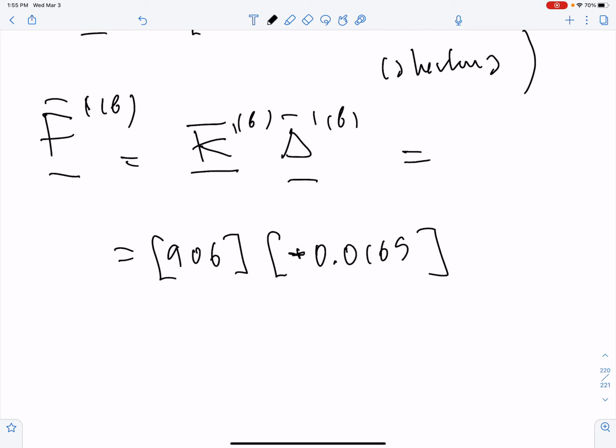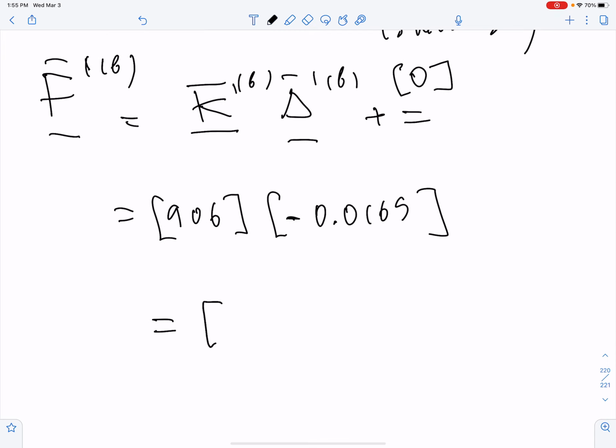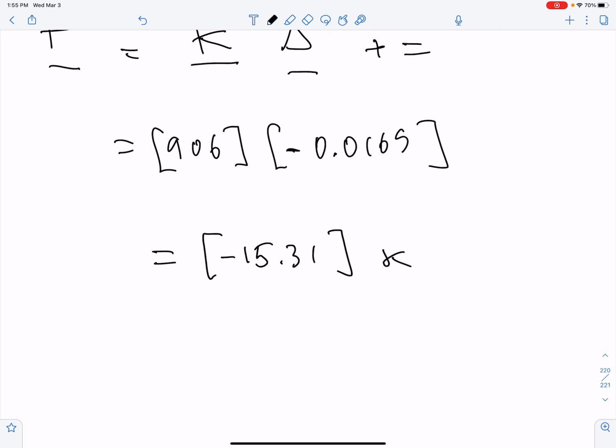Then you're going to add the temperature change, but that is 0, so we don't care. At the end of the day, you end up with a compressive force of minus 15.31 kilonewtons. And here, because there is no temperature load, shortening leads to compression, as you expect.